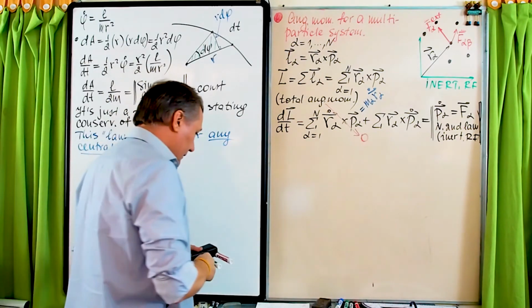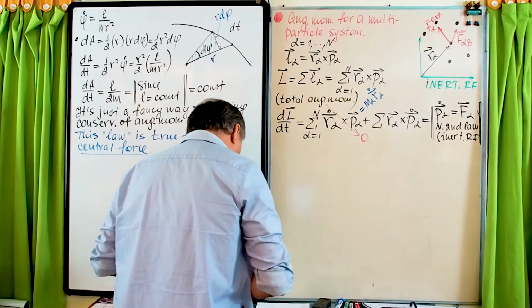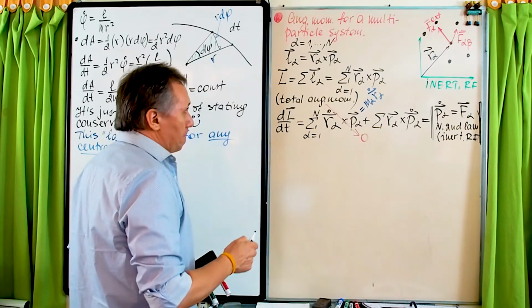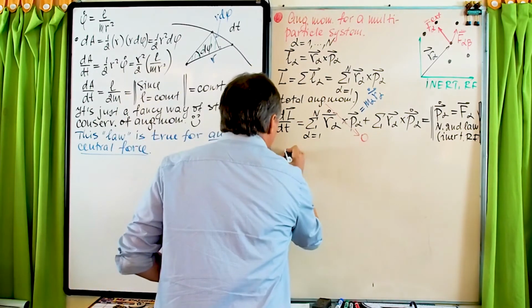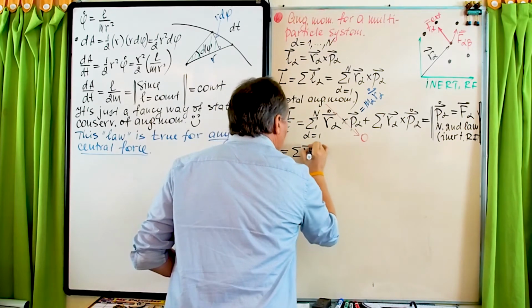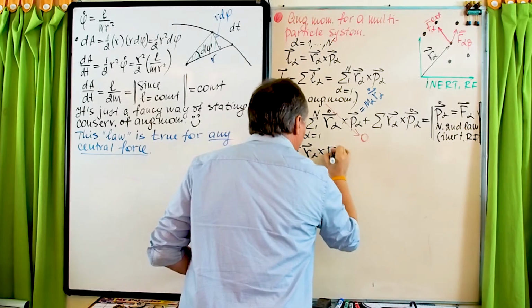Let me rewrite it, and so it will be the summation of R alpha cross F alpha.